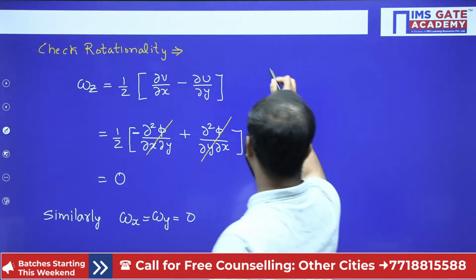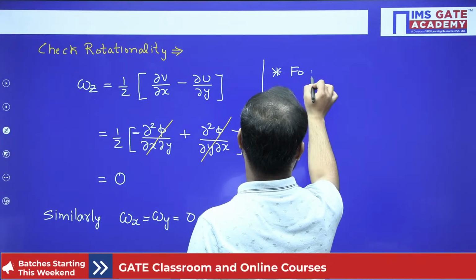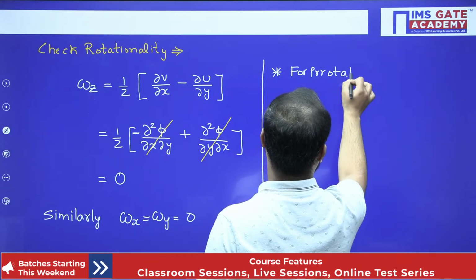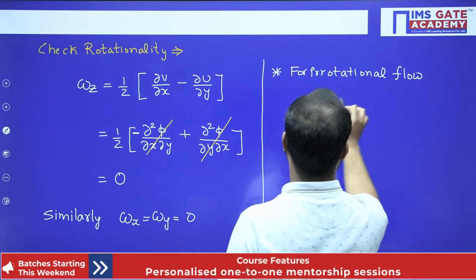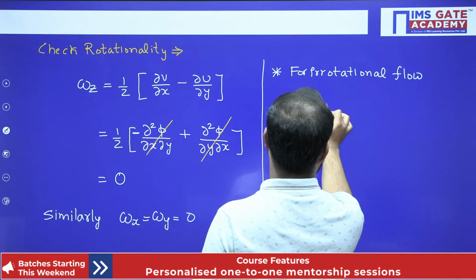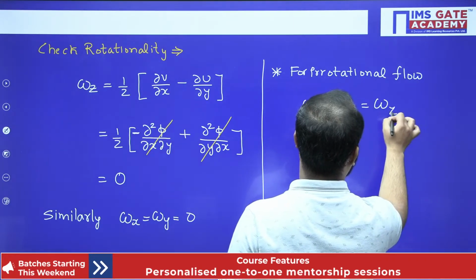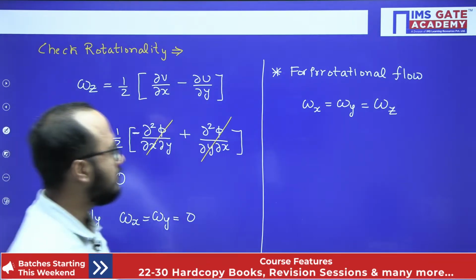So here we will write the point. For irrotational flow, omega x, omega y, omega z, all are 0.